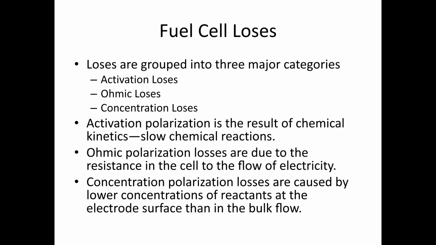After that, you have ohmic losses, which is the resistance of the polymer, the resistance of the electrolyte and the resistance of the electric load. And then you have concentration losses when you start trying to pull more current than the amount of fuel you're supplying can maintain.